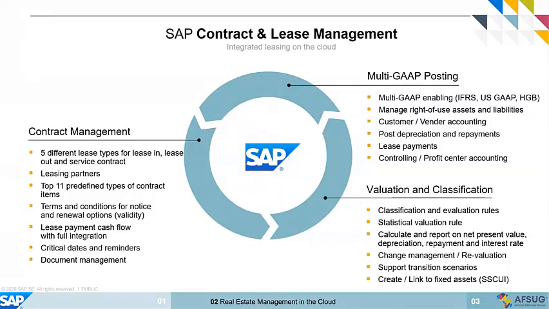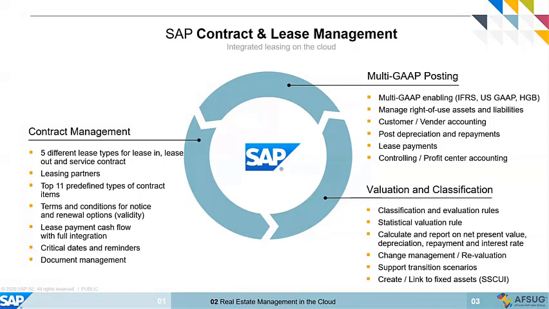Okay. So then the next portion that we have is valuation and classification. And what that gives you is flexible valuation rules for your accounting principle and your contract subject. You've got statistical valuation rules. You can perform valuations, create fixed assets, create cash flows, calculate and post valuation.